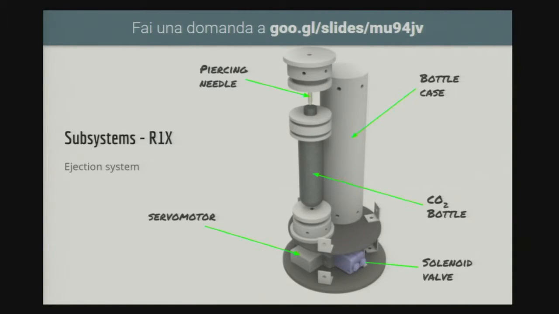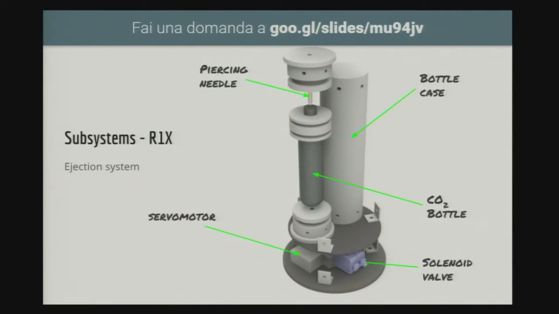So let's talk about the subsystem which gives me the possibility to open two of those parachutes. We can see here a CO2 bottle which we use in everyday life just to pump air in our bicycle.